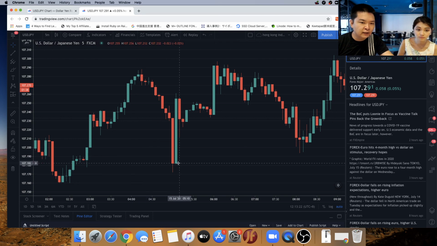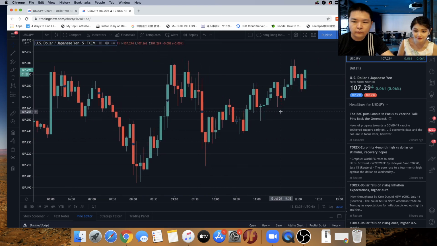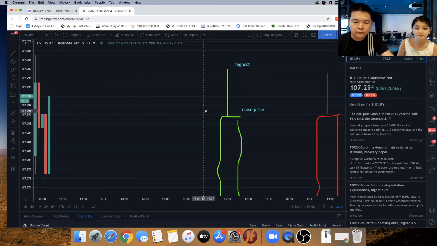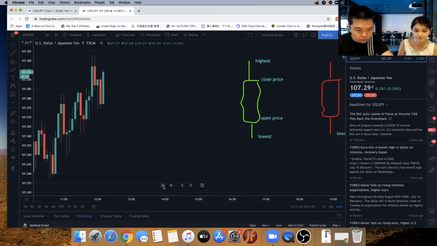Here you see that it's very clear the bulls dominated, and then price went all the way up. Here it is very clear that the bears were in control of the situation, so it went all the way down, and here they couldn't control. So here we have, once again, the candles.